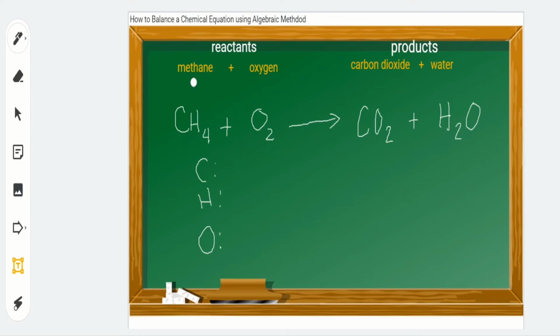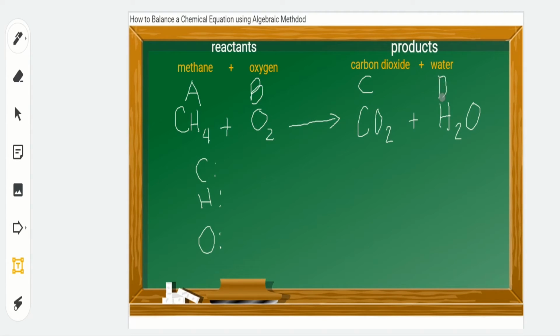So, papalitan natin sila ng letter symbol. So dito A plus B is equal to, ibig sabihin ng arrow to is equal to C plus D.